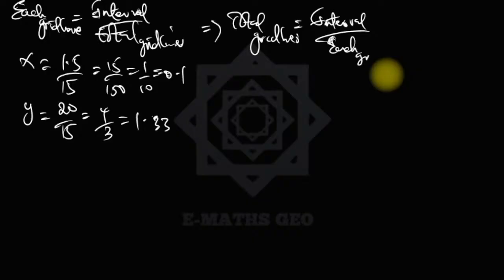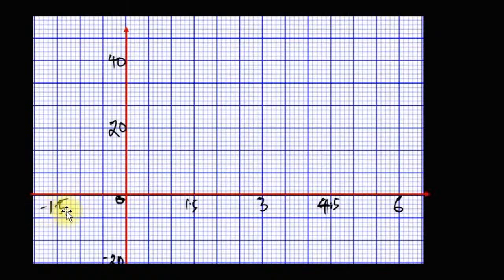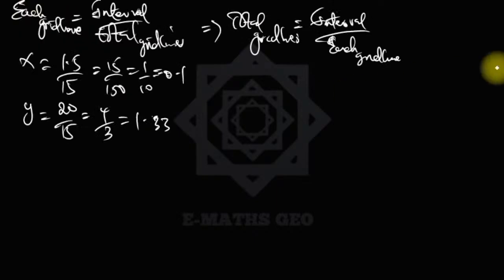So let's do it so that you see what I'm saying. I'm looking for -2. Minus 2 is not seen there, what I'm seeing is -1.5. To locate -2, remember the minus is just the direction. So for x, to locate -2, I'll do 2 over each grid line, which is 0.1.